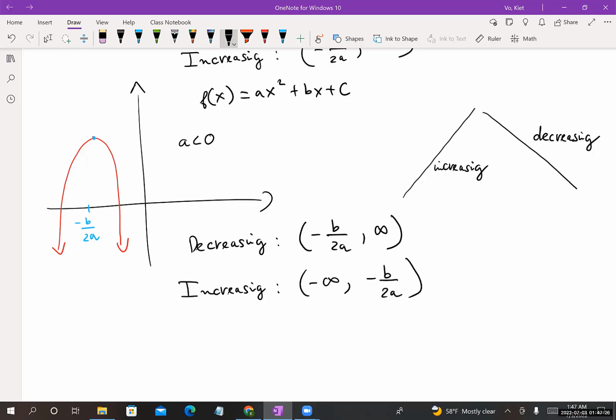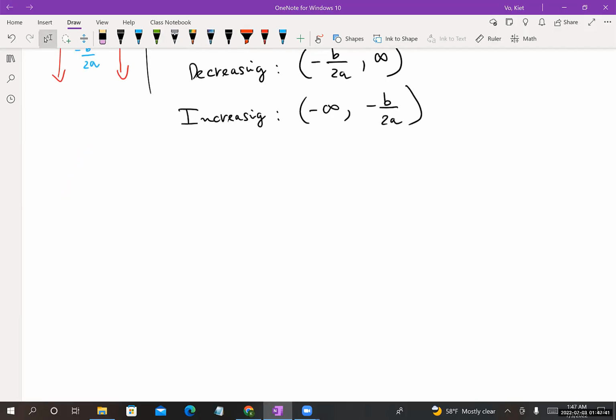Okay, so we could do an example with this. Let f of x equal 2x squared plus x plus 1.